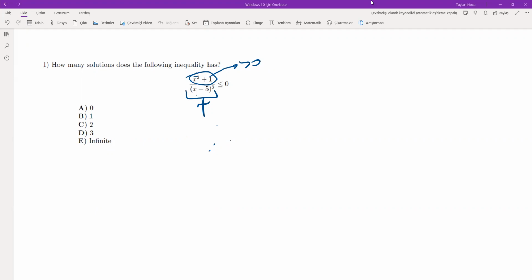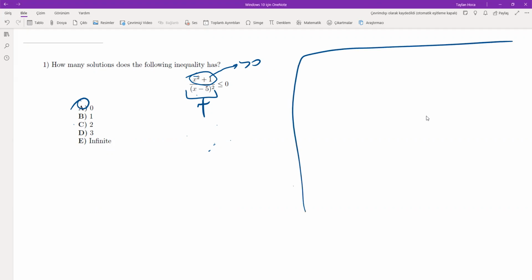Right. In fact, this expression cannot be 0 even. So how many solutions does the following inequality have? It's always positive. It can't be even 0. What's your answer? A. A.